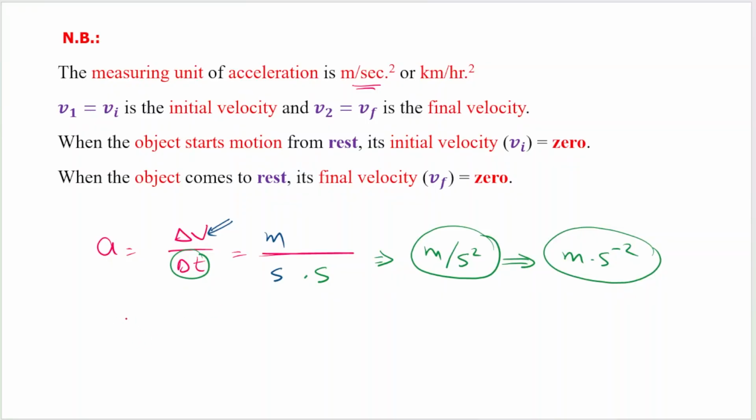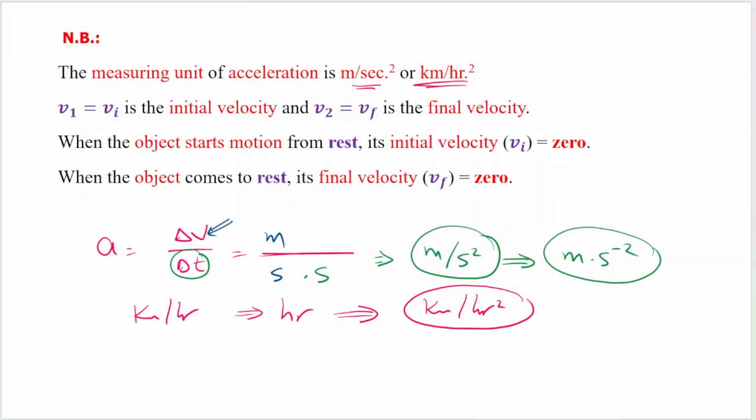But what if the velocity is in kilometer per hour and time is in hour? In this case, acceleration will be in kilometer per hour squared, but it is not a common unit to be used. Also, v1 is equal to vi, which is equal to u, the initial velocity. v2 is equal to vf, which is equal to v, the instantaneous or final velocity.